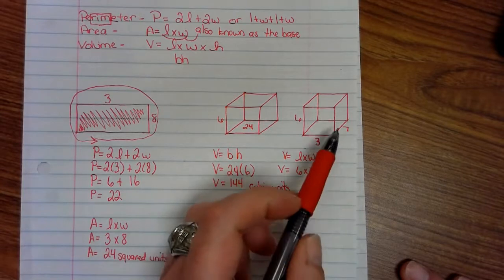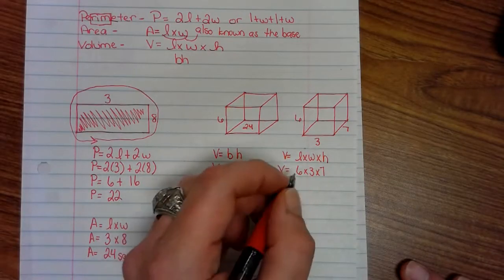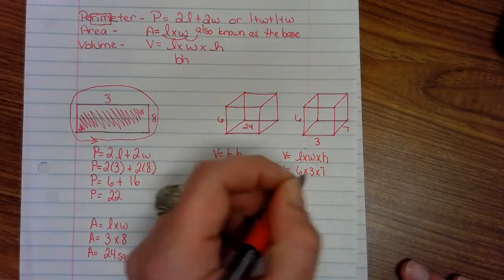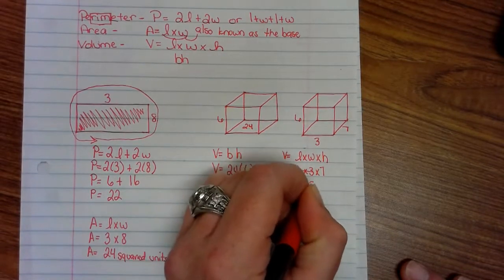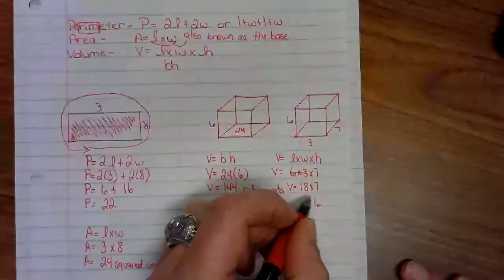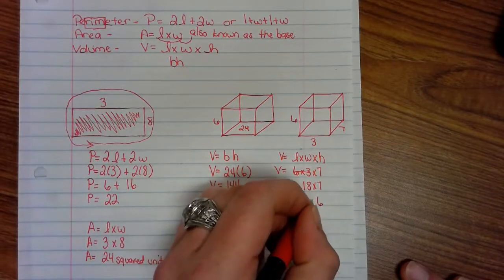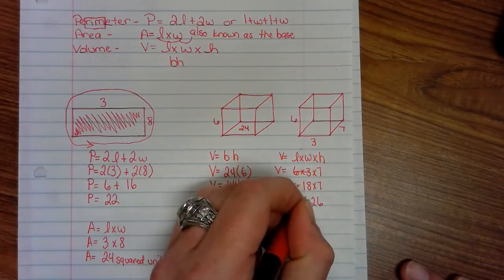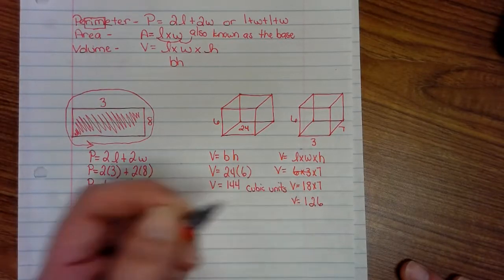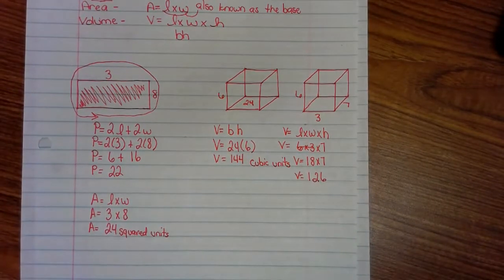Once again, the associative property says it does not matter what order I multiply these numbers in. That would give me 18 times 7. Volume would be 126.